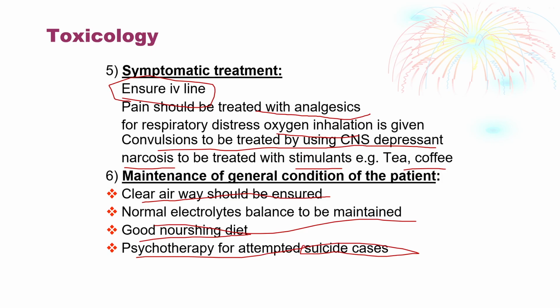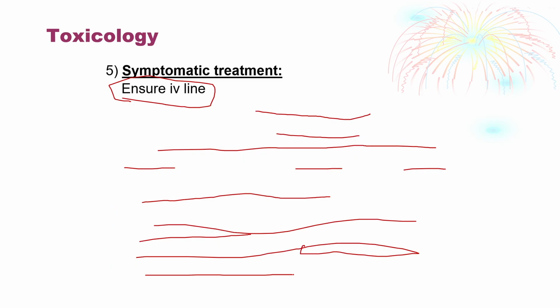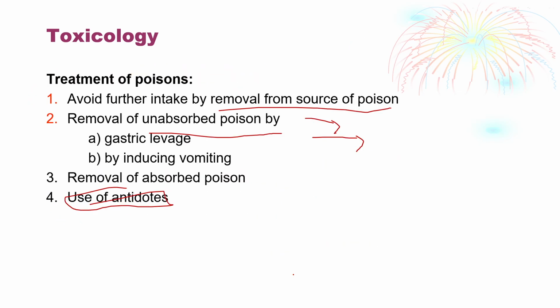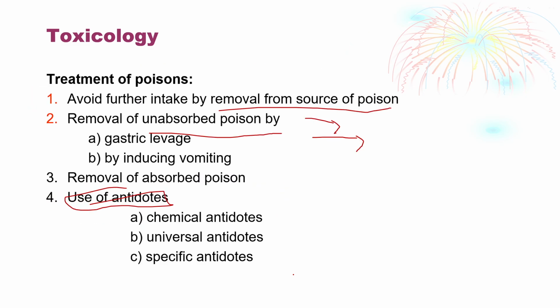So we will go for psychotherapy and all of these things to make him calm down and find the real cause for that. Yes, physiotherapy might be needed if the injury is very severe. And in all of these discussions, we didn't discuss the antidote. So we'll be separately discussing the antidotes in the next portion of the general toxicology.